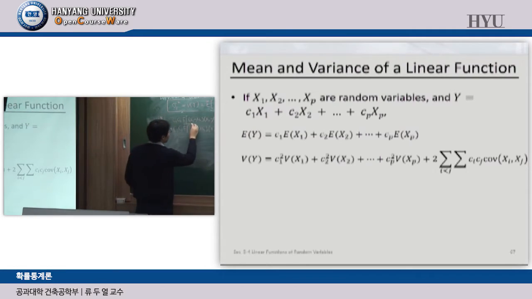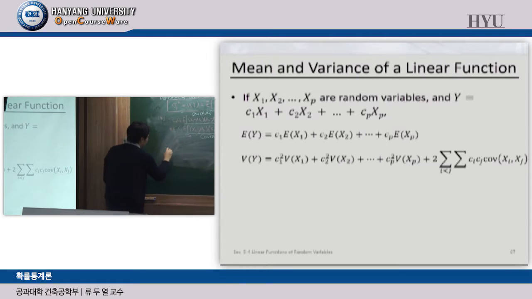What is this? That is the covariance of X_1 and X_2, right? Okay? And what is this? That is the covariance of X_2 and X_1, okay?